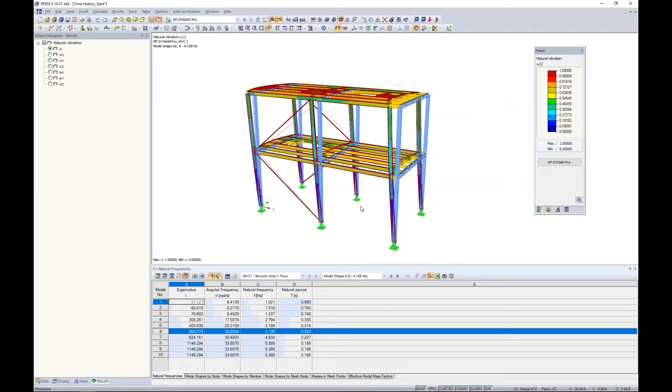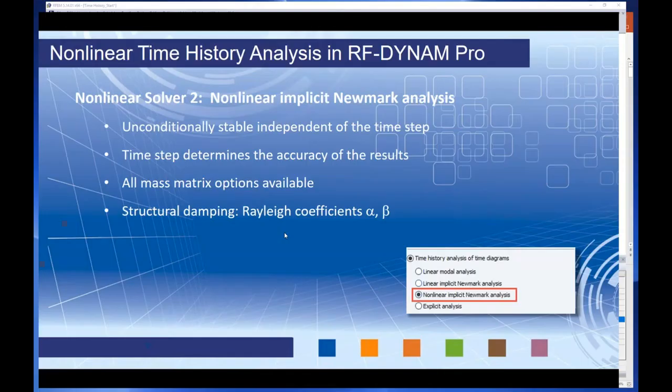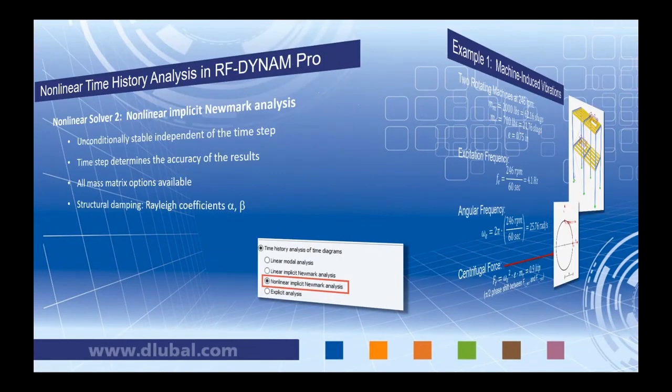So the question is, do we need to worry about resonance? What is the frequency of these machines? Do they coincide with the frequency of my structure? Am I going to get deflections that ultimately may cause the structure to fail because those two frequencies are so close together? So that probably tells us that we want to run a time history analysis.